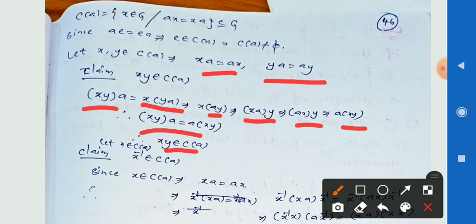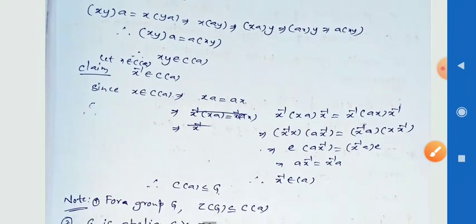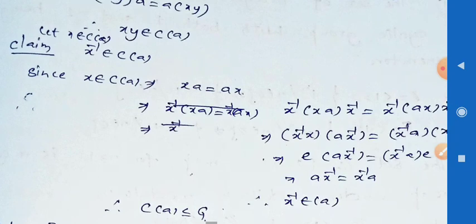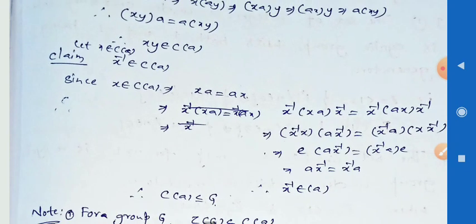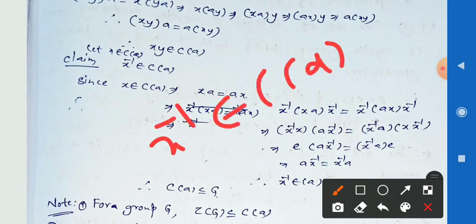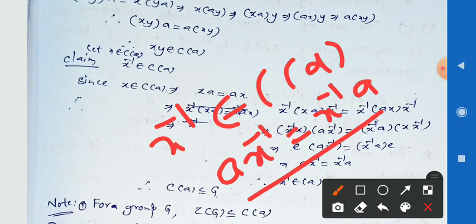Now another condition: we have to show that x inverse belongs to C of A. If x inverse belongs to C of A, the condition must be A into x inverse is equal to x inverse into A. We have to show this condition.